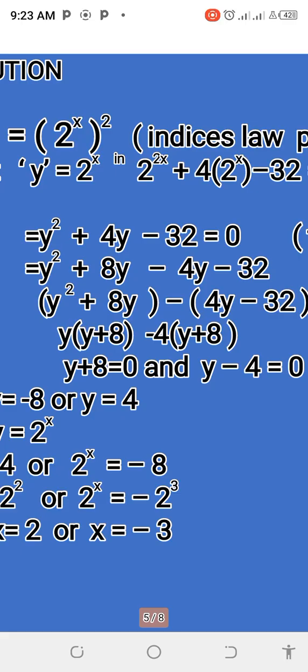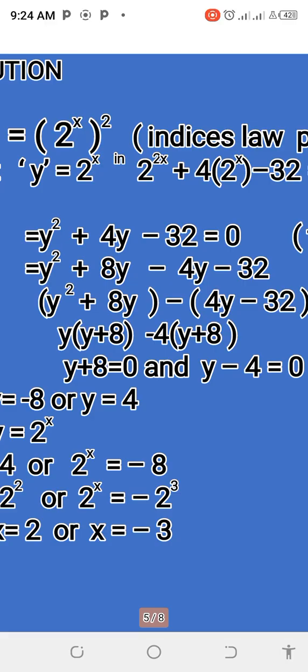That is correct, because plus 8 minus 4 will give us plus 4. Minus 8 plus 4 will give us minus 4, but the one we need is plus 4. So our factors will be plus 8 and minus 4.